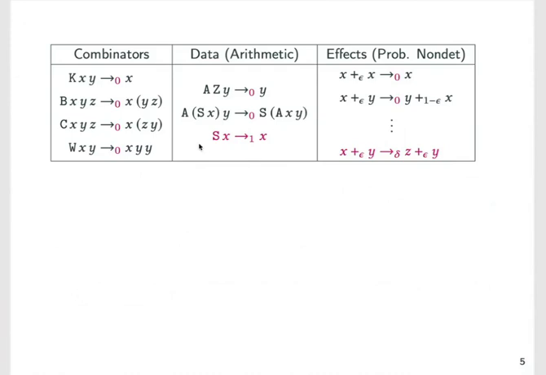So, for instance, in arithmetic, we may add a single reduction that states that if we pick the successor of a term, we can just reduce that to the term, producing an error of 1. So that's a way to operationally produce the Euclidean distance between natural numbers. And that's kind of intuitive and seems quite appealing.